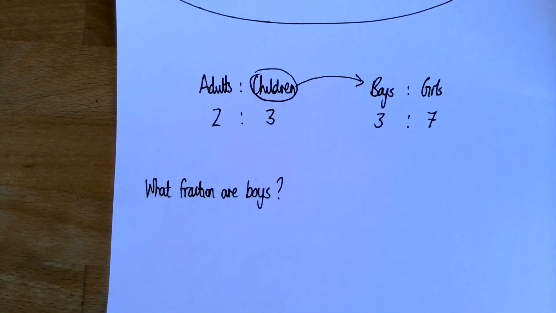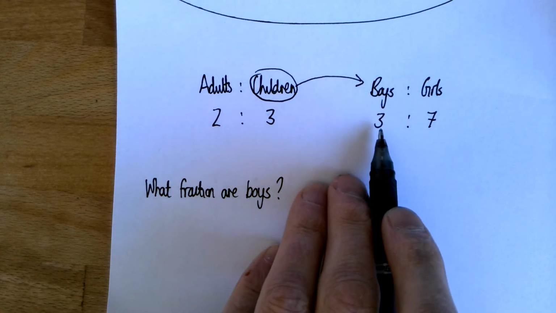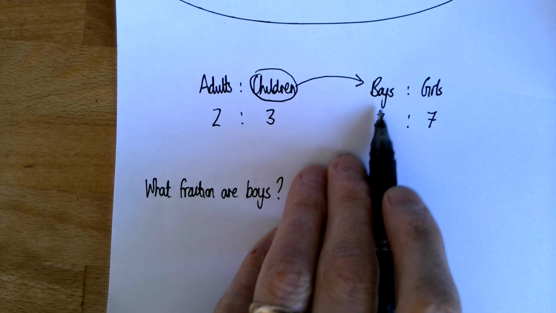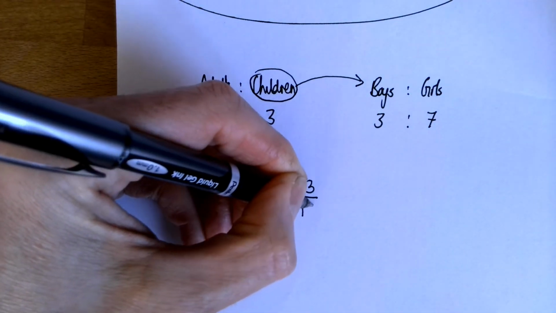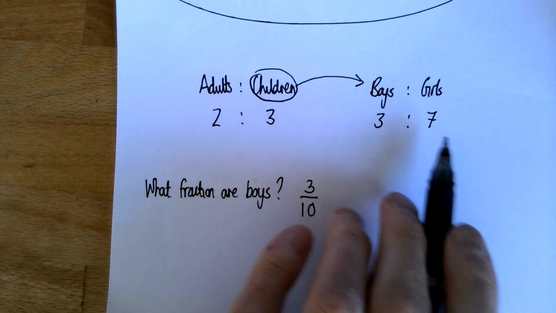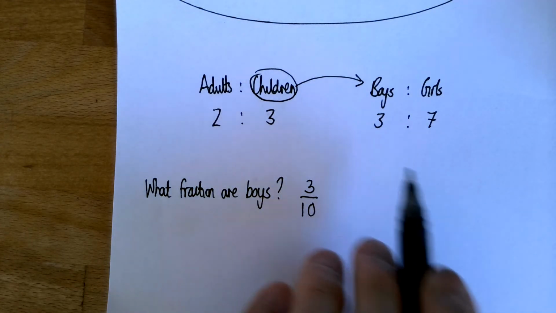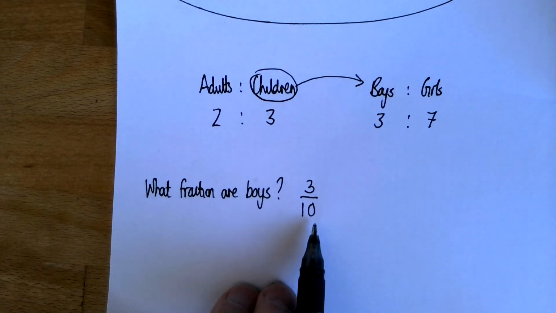Well, what you need to firstly say is, okay, let's look at this ratio here. Boys are 3/10 of the children. Okay, 3 parts, 7 parts, 10 parts altogether. So boys are 3/10, girls are 7/10. So that's what fraction of the children are boys.